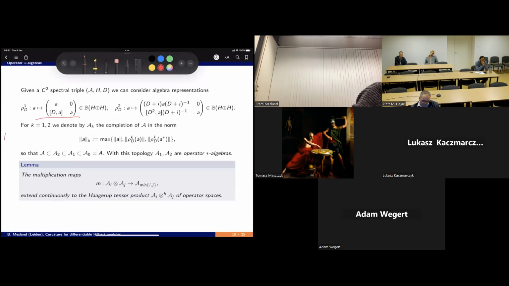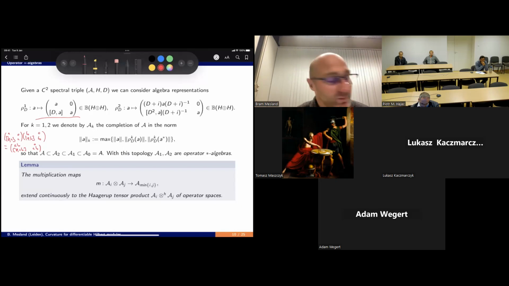So what I mean to say is, if I carry out this multiplication, you can just do it, then you get this. So this is really a representation of the algebra. The only thing it's not compatible with is the star structure, of course, because if I take the adjoint of this matrix, then the lower diagonal entry flips up.